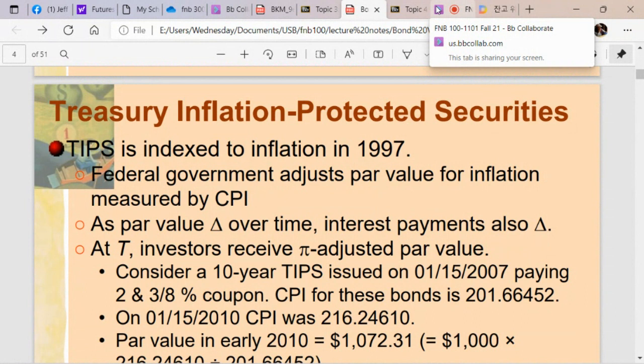So inflation is not a bad thing. Accelerated inflation is a bad thing, but modest and moderate inflation is a good thing.